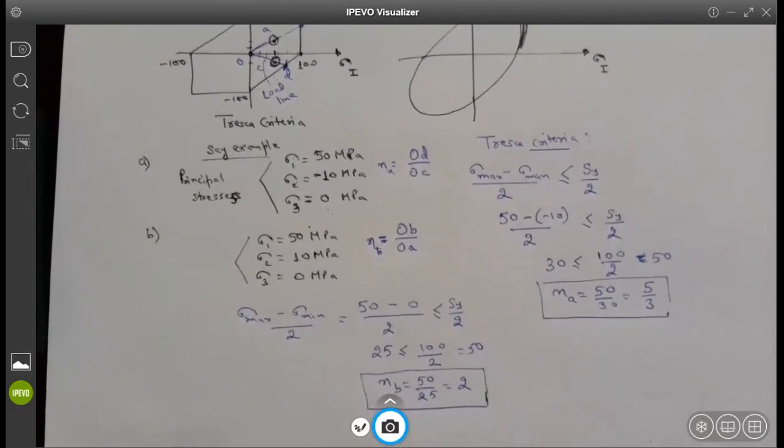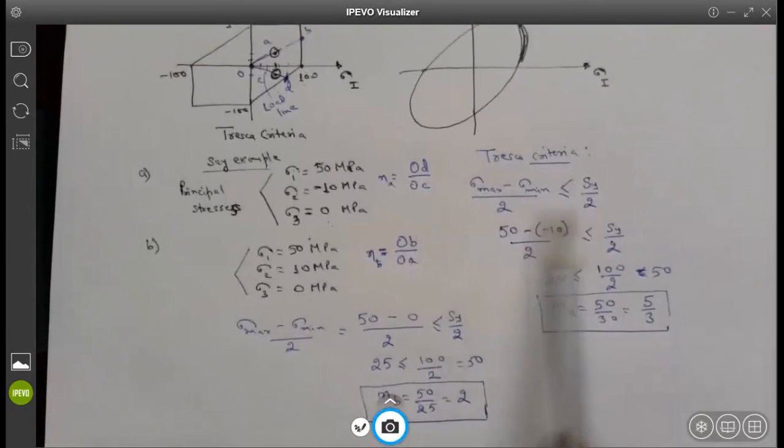Same thing for the von Mises, except the failure criteria is changed. Basically, the von Mises stress has to be less than or equal to the yield strength. Okay.